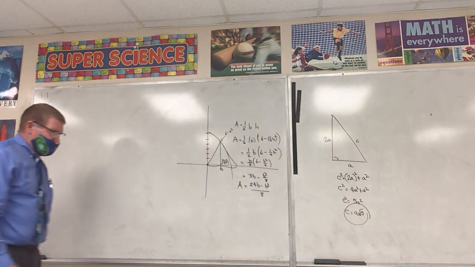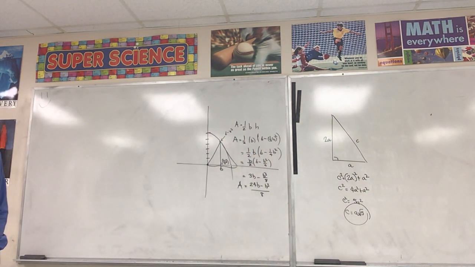So when we simplify, we get c equals a times the square root of 5. Any other questions?